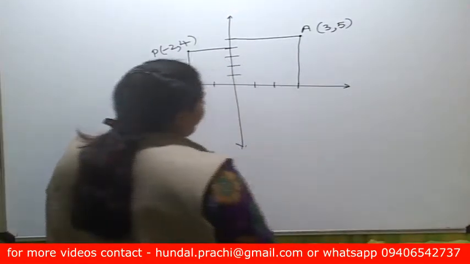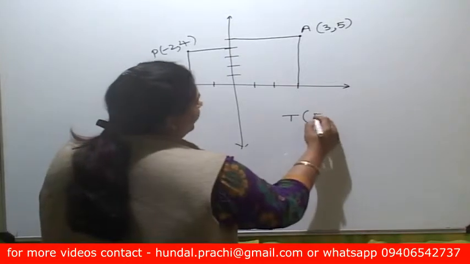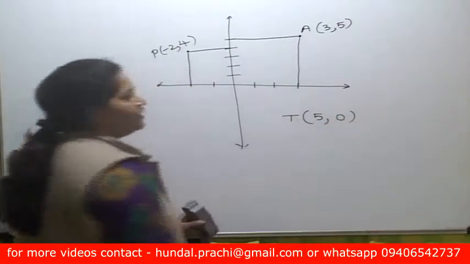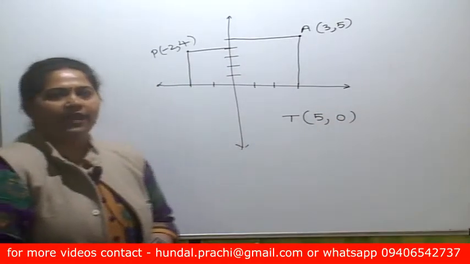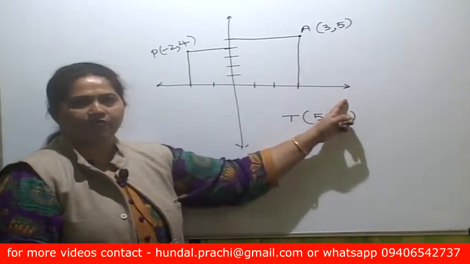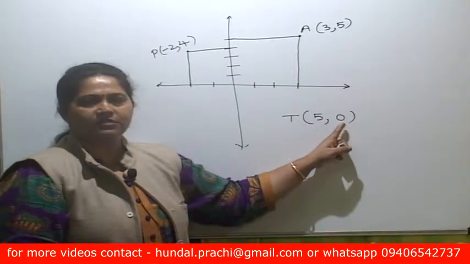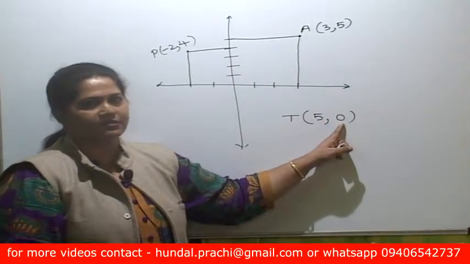Suppose any point T is given whose coordinates are 5 and 0. Now the x coordinate is 5, that is, the point is 5 units away from the y axis, and the y coordinate is 0, that is, the distance of the point from the x axis is 0.